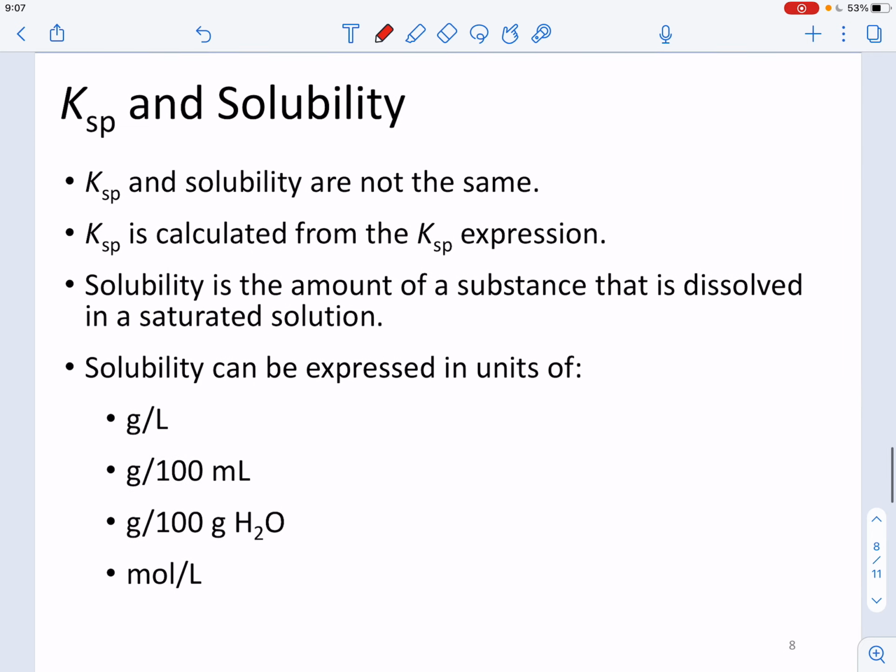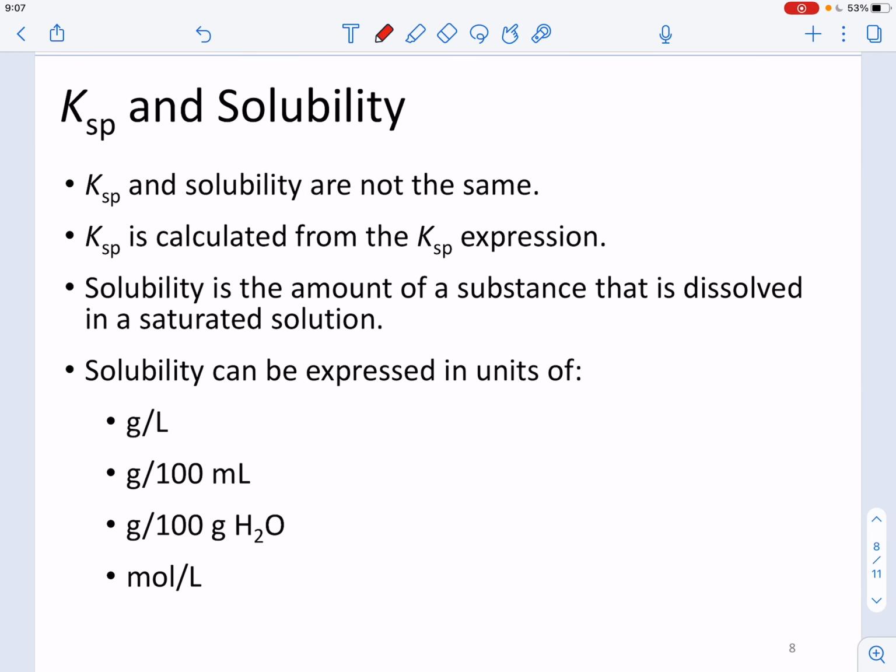So we've been talking about the Ksp and the solubility. Ksp is a measure of solubility, but it is not the same as the solubility. Ksp is just the product of the ion concentrations. Now solubility is the amount of matter that is dissolved in a given amount of solution or in a given amount of solvent.